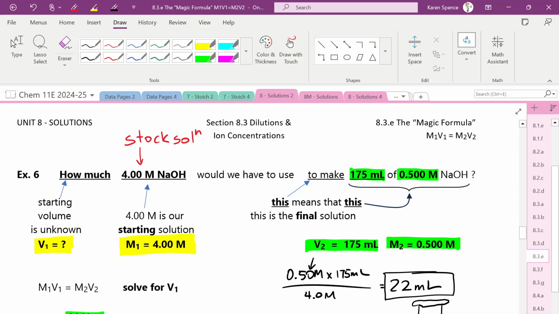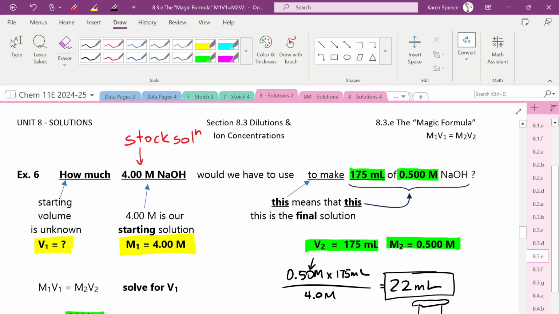So let's assume I'm using a graduated cylinder, and I take my 4 molar NaOH and pour it into the graduated cylinder, and I get 21.8 milliliters or whatever it is. Okay. What do I do with it now? Oh, I've measured out my volume of 4 molar.